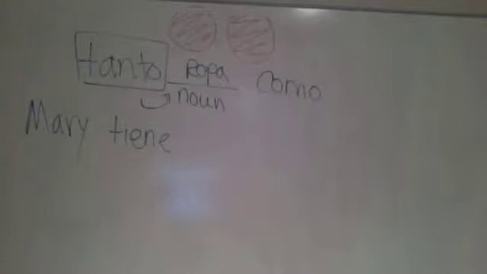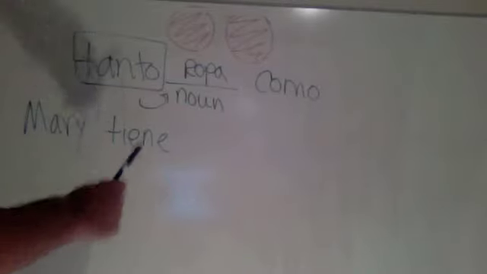So let's use the sentence, Mary has as many clothes as Lisa. Mary tiene. What's the word for clothes? Ropa, right? It's never ropas, it's always the ropa. Clothes. Mary tiene. Now what do we need to change tanto to?